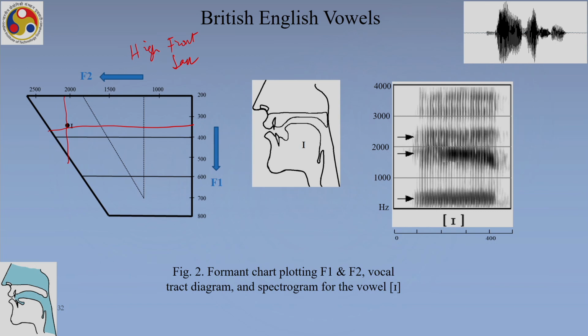It is similar to E, but slightly lower than E, and that is why we see that in the front cavity there is a little bit more space than for E, and the back cavity is similar to E, pretty wide. That is why the F1 value is still around 300 to 400 hertz, so around 320 hertz, and F2 is around 2100 hertz. Because it is lax, it is slightly low, and the F2 value is also similar to that of E.